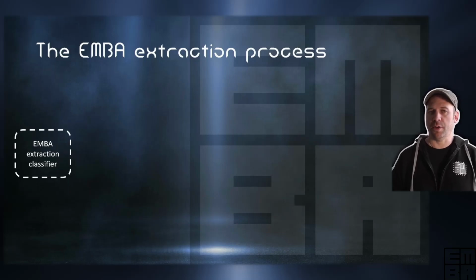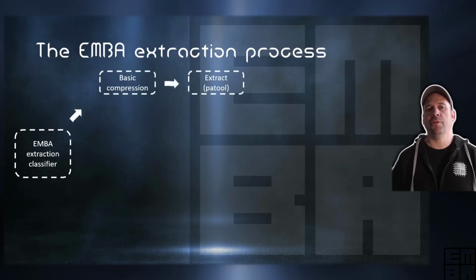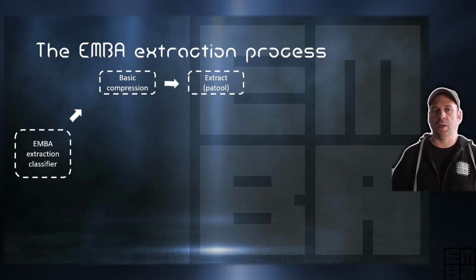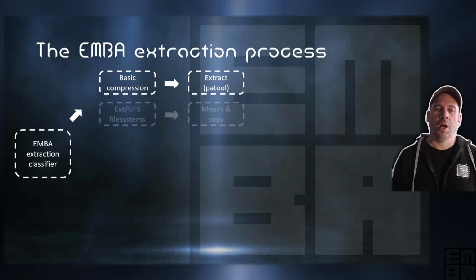So first of all, we have an extraction classifier. This extraction classifier tries to identify interesting parts within the firmware and uses the right extraction module afterwards. So for example, if we are able to identify a zip archive or a tar set, then we are just extracting this.